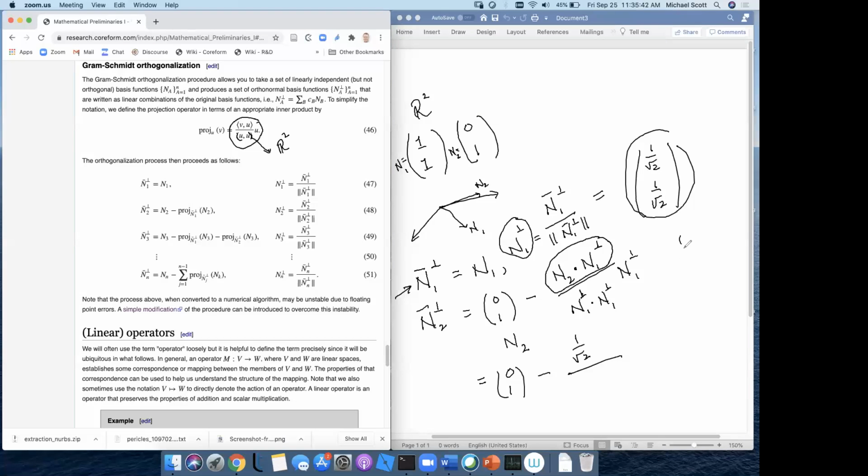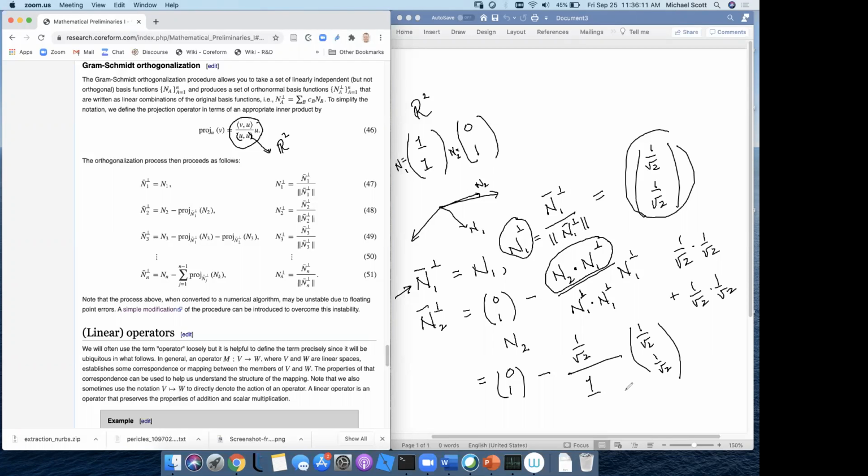So it's 1/√2 times 1/√2 plus 1/√2 times 1/√2, which is 1. That's convenient, isn't it? And then it's multiplied times 1/√2, 1/√2.